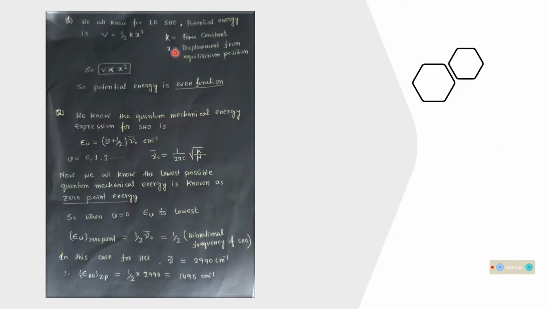We all know that for the simple harmonic oscillator model, potential energy is equal to half k x squared. V is potential energy, k is force constant, and x is displacement from equilibrium position. In the given question, they used the term q for displacement from equilibrium position. So we can see clearly that potential energy is proportional to the x squared term, not x, or you can say potential energy is an even function.